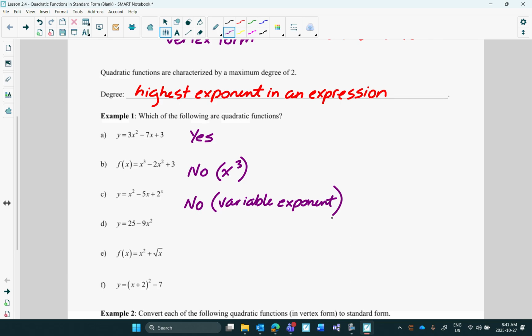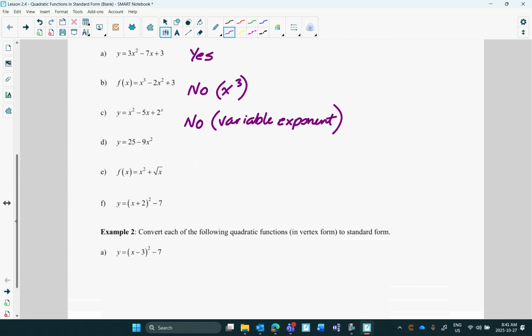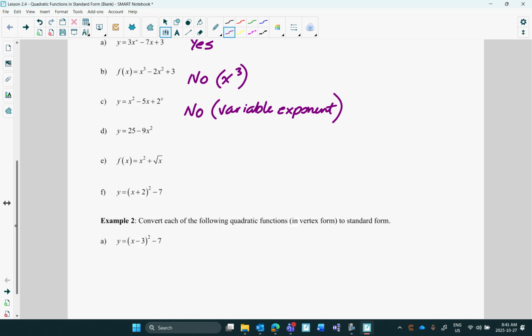Next one? No. Does it have an x squared as its highest? Yes. And this one doesn't happen to have an x term, but that's okay. Still quadratic. There's no funny looking exponents. Highest exponent is 2.